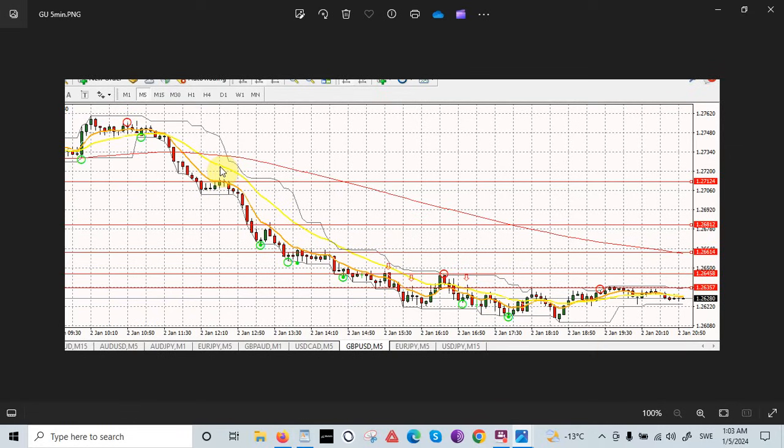What I sometimes get is I take a 15-minute entry, since I compound trades and let them run, and then price starts going and makes a little pullback toward the 5-minute orange line, and then I take that one, and then it starts going. It's a little similar to what happened here, but I didn't take this one because I didn't really have a 15-minute entry here.